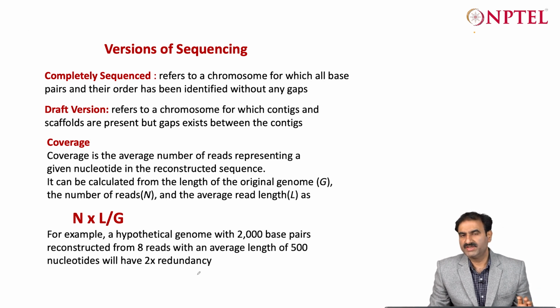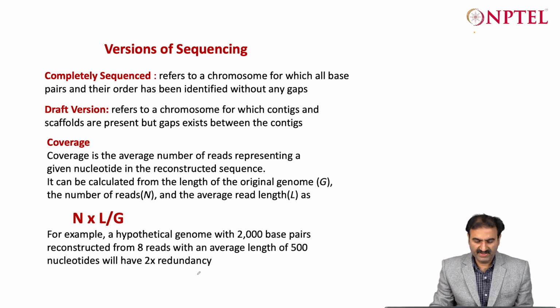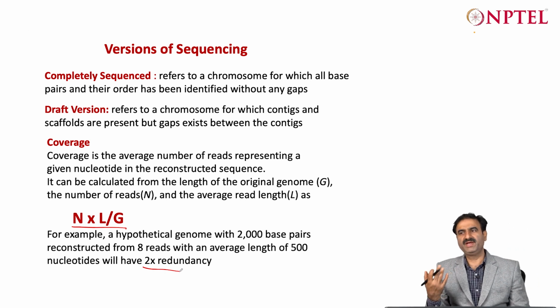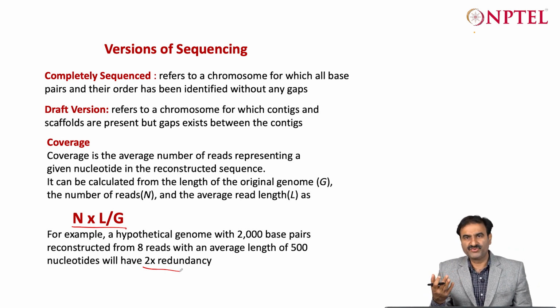As for coverage, I said 200x coverage is needed for short reads. For that there is a typical formula, N times L divided by G, that is, the number of reads times the length of the read, divided by the genome size. This can help you work out how many reads of a particular length you should generate to get X coverage for that genome.